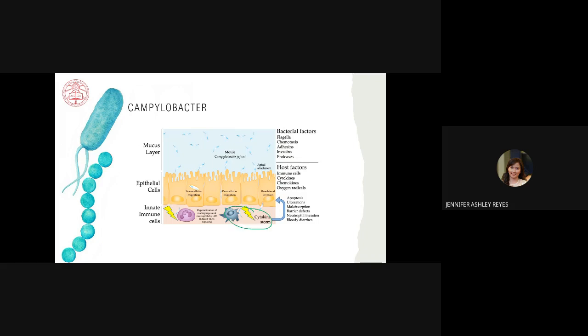Nagkakaroon ng cytokine storm through TLR or toll-like receptor 4 signaling, and it will induce apoptosis, ulceration, malabsorption and barrier defects in the intestinal epithelial cells. So when that happens, ano ang product? Nagkakaroon tayo ng dysentery.